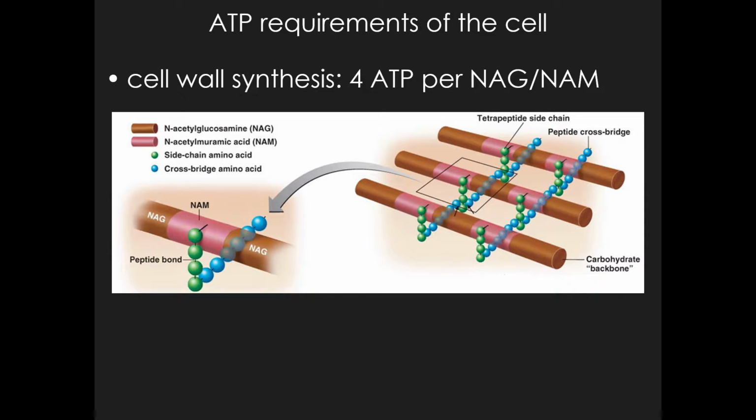So you have the requirement for transcription and translation of each of those proteins, and you have 4 ATP required for each of the sugars. So it's energetically an incredibly expensive process to undergo binary fission, but it's the only way to get your genetic information passed on to the next generation. And so it's a cost that bacteria are willing to shoulder.